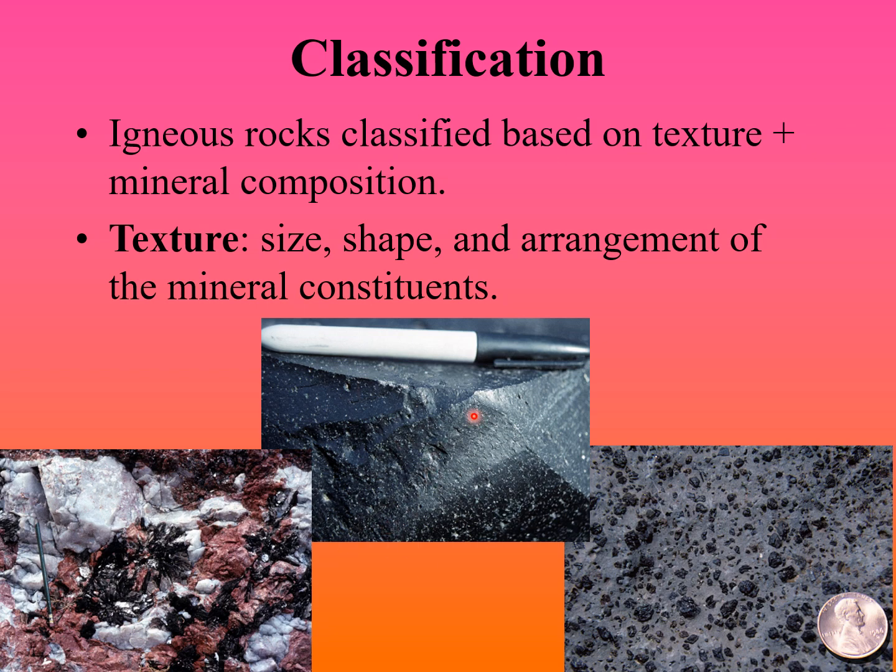This erupted on the surface, either in the ocean or on land, and therefore cooled very quickly. And so the crystals are still there, but they're so small we can't see them with the naked eye. We'd have to look under a microscope. And then was there gas in the magma as it cooled quickly, and did that gas leave behind these vesicles? So these are the three textures that we see.